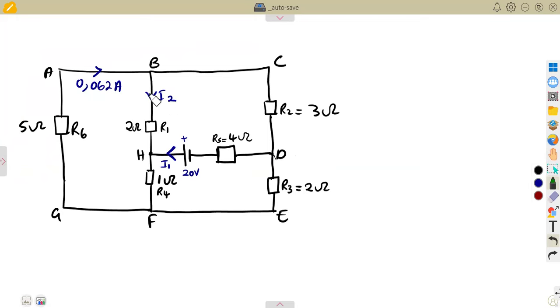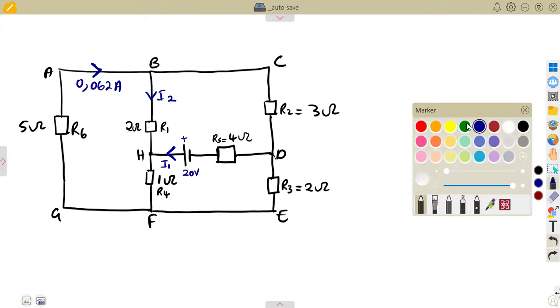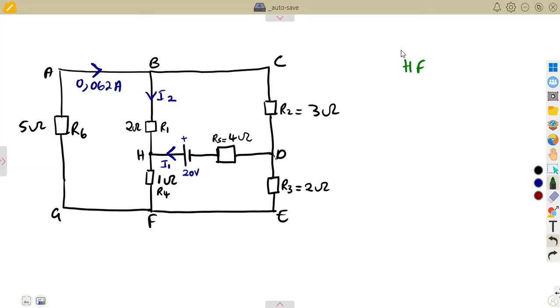So, considering these currents, we have to go back to our Kirchhoff's current law. Remember our Kirchhoff's current law. It's going to depend on which part you start with. Let's consider the branch HF, between the point H and F. We're just focusing on the currents now.